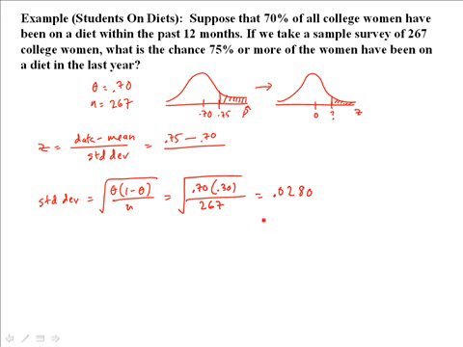Okay, so the standard deviation is that. Let's put it in up here: 0.0280, and then on the top here we have 0.05, and then 0.0280 on the bottom.